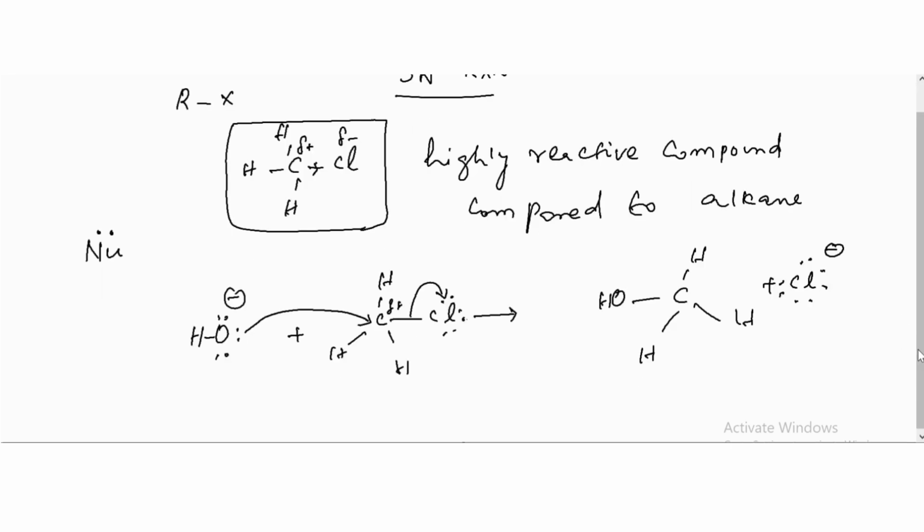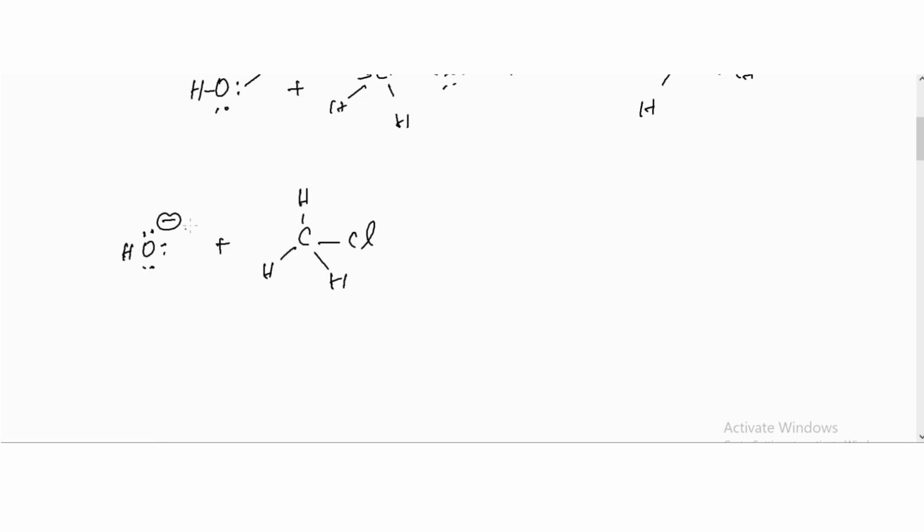Now let us discuss the mechanism of this nucleophilic substitution reaction. As we know, this nucleophile approaches this positively charged carbon. Now what happens? The nucleophile always attacks the halogen-connected carbon, that positively charged carbon, from the back side. So this is the first step.